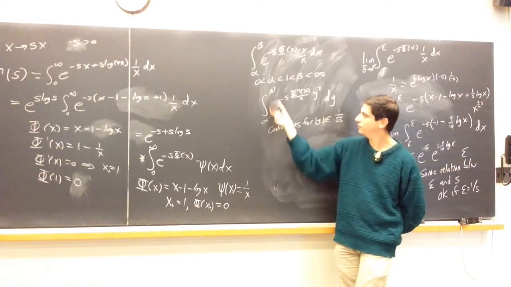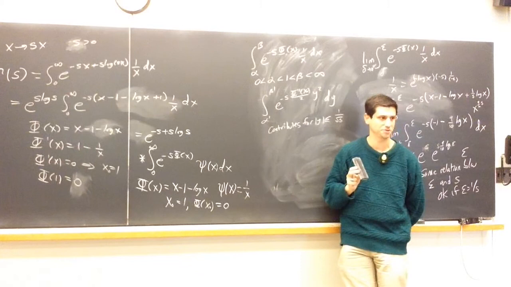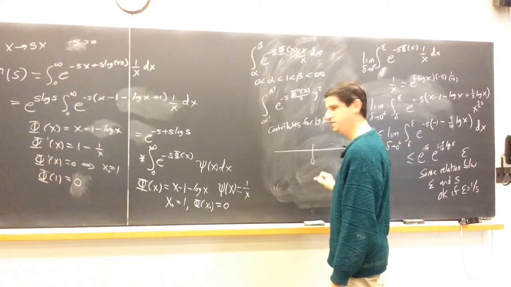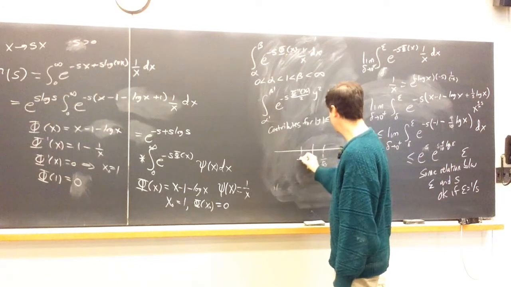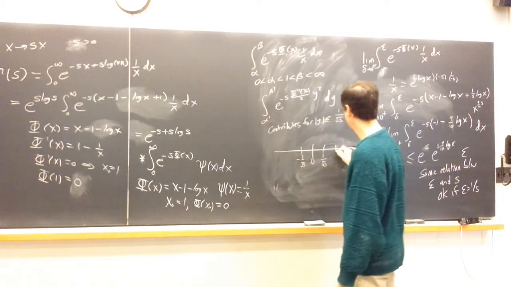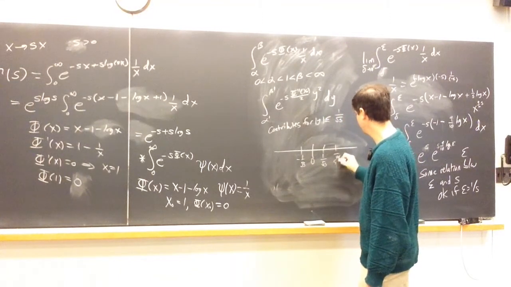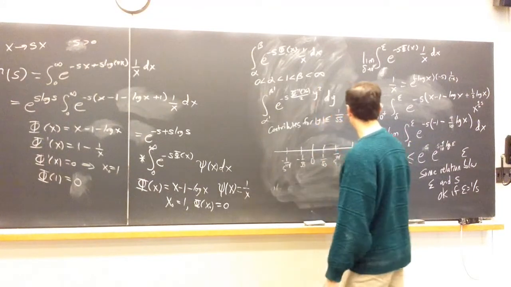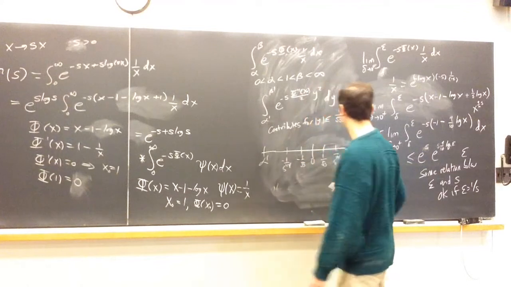So now when we have alpha prime and beta prime, remember alpha and beta are fixed, independent of s. If you want to draw things not to scale, here's 0, here's 1 over square root of s, here's negative 1 over square root of s, here's 1 over s to the 1/4, negative 1 over s to the 1/4, here's beta, and here's alpha prime, here's beta prime.